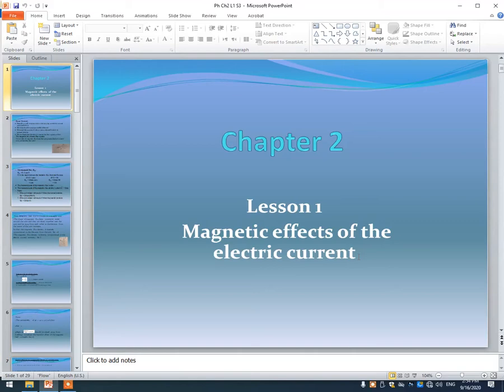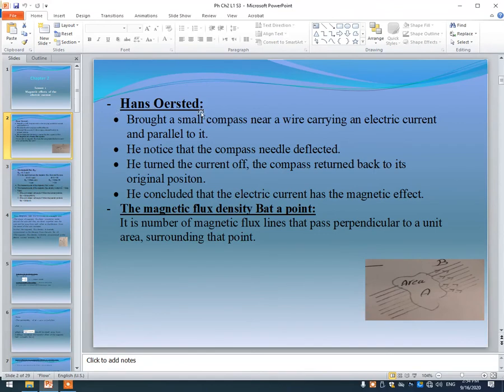The most important point here is the effort of a scientist. Dear student, the famous one here is Hans Ørsted. This scientist studied the effect of passing the electric current through a conductor.